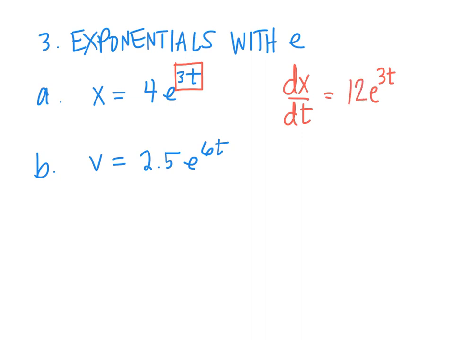That's going to be the number in front. Let's do another one here. So this one would be a dv/dt because that's what my function is describing. So again, the e to the 6t, that part stays exactly the same, but I take the derivative of 6t is 6, times 2.5 is 15, so that's going to be my number in front.